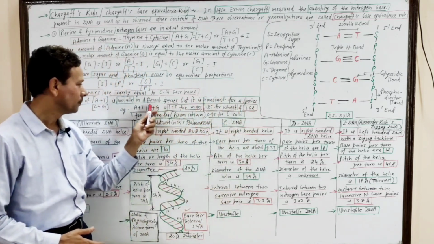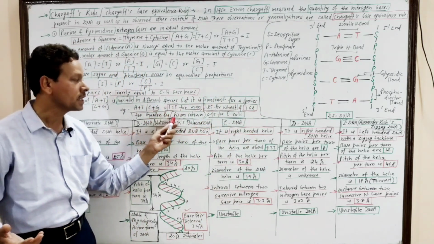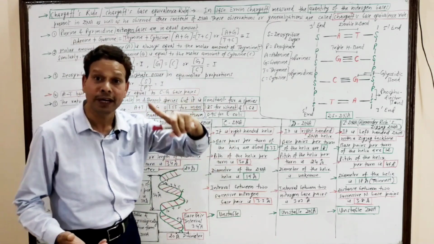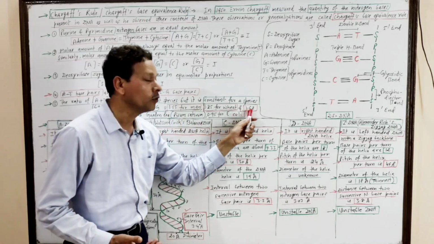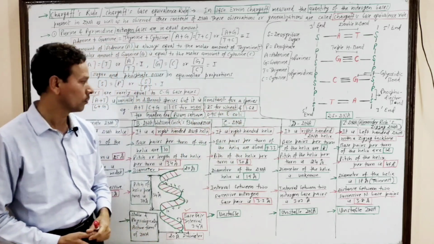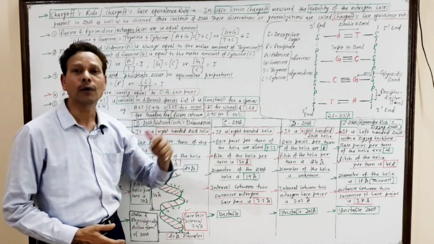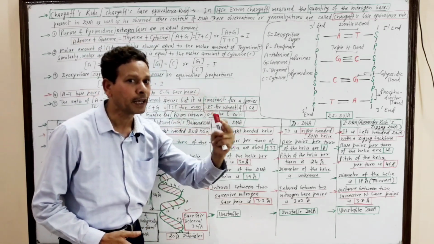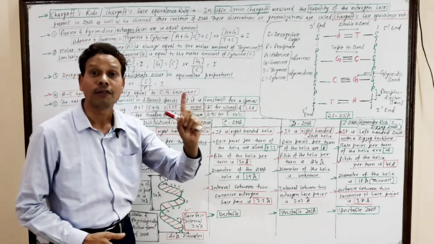In case of garden pea, Pisum sativum, the base pair ratio is fixed, that is constant, about 1.62, while in case of E. coli, Escherichia coli, in this bacterium the base pair ratio is 0.95.